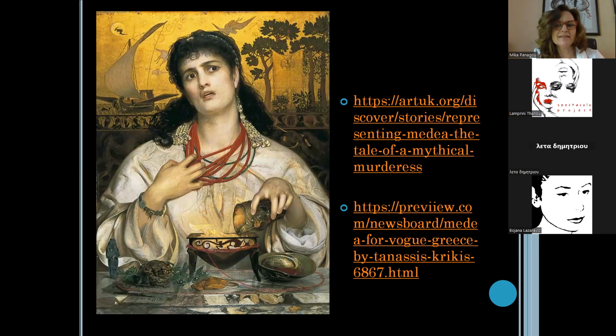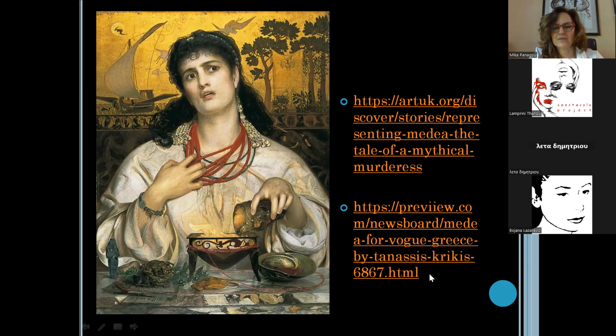And then if she acted like this, they were even more afraid of her. They call her a mythical murderess, but the symbol is so strong, and you will see me connecting fashion many times. There's a wonderful presentation in Greek Vogue that even portrayed and styled fashion as Medea.